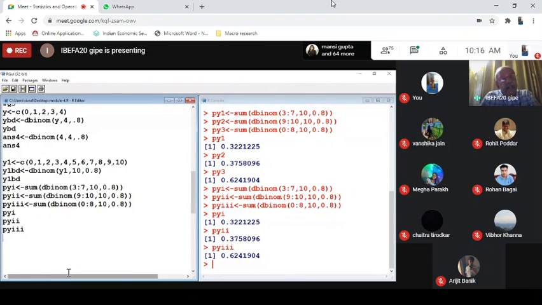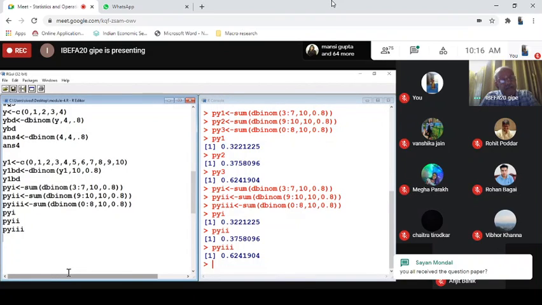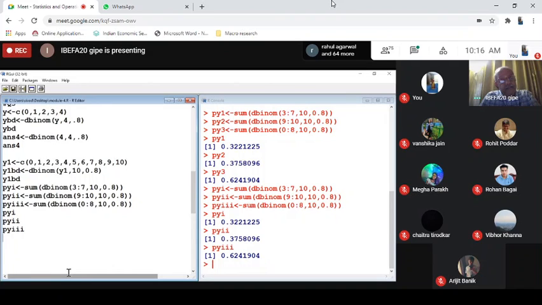For example, 3 to 7. Which means 0, 1, 2 not expected. 8, 9, 10 not expected.